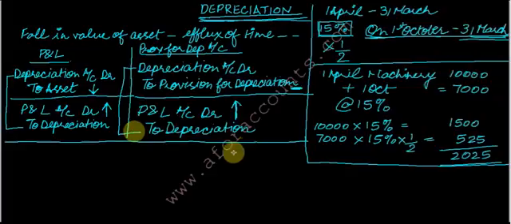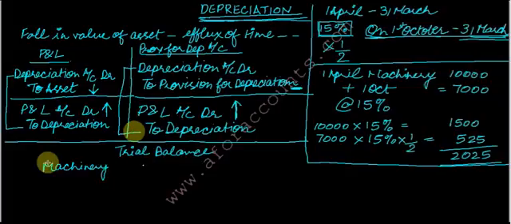See, let's take up a question. Say in the trial balance, what you have is machinery on your debit side. Machinery has to be on your debit side, and the amount is 3 lakhs.